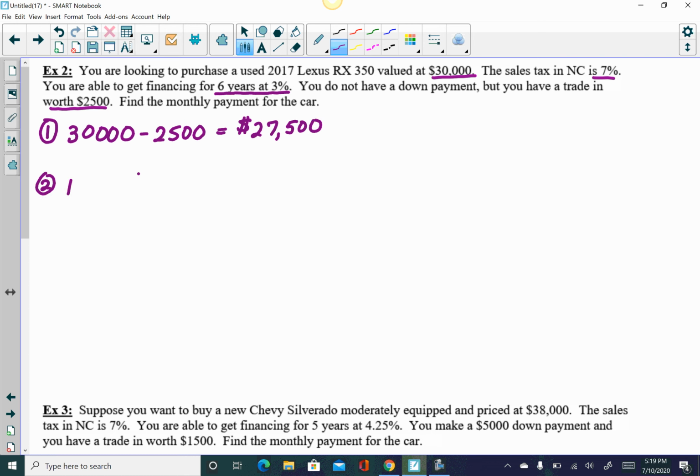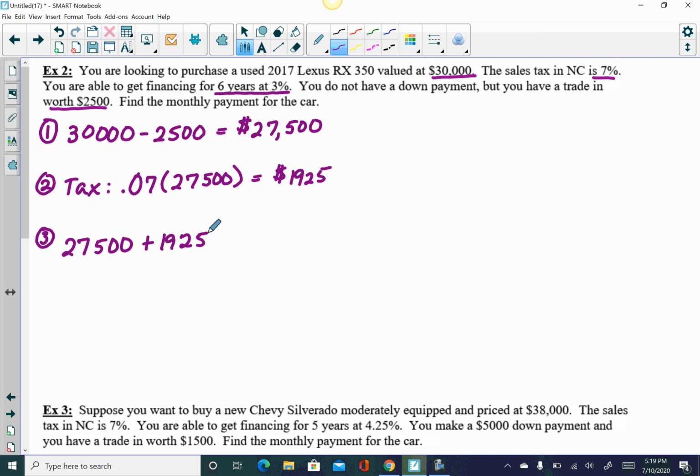Step 2, calculate your tax. So your tax is equal to your tax amount, 0.07 times that 27,500. And that should give you 1925. Step 3, to figure out your principal, take that 27,500, you add in the tax, and then you would subtract a down payment here.